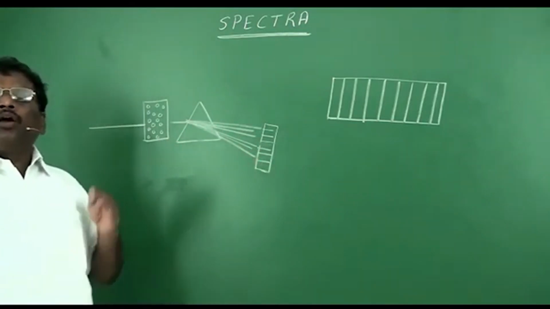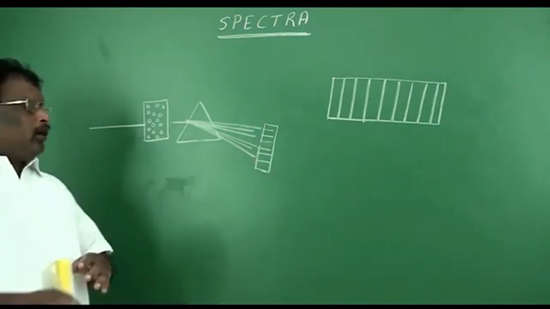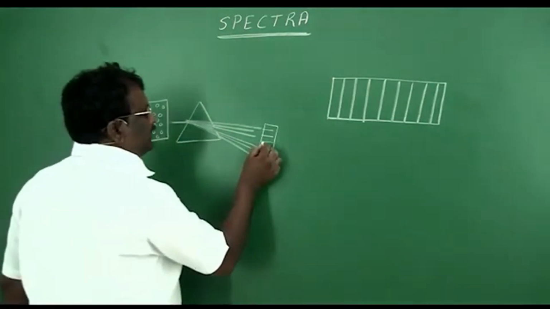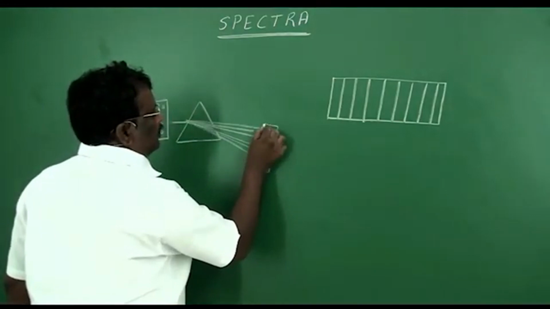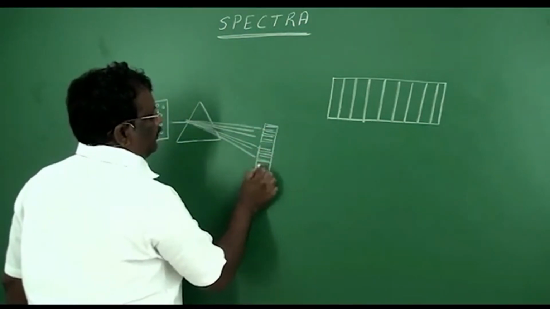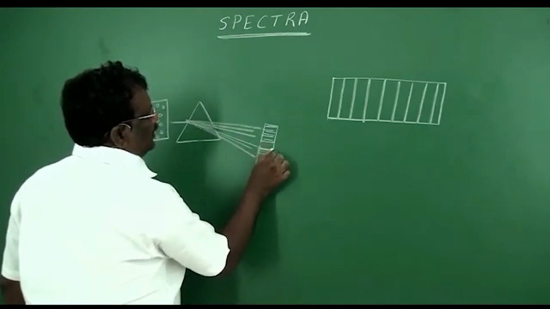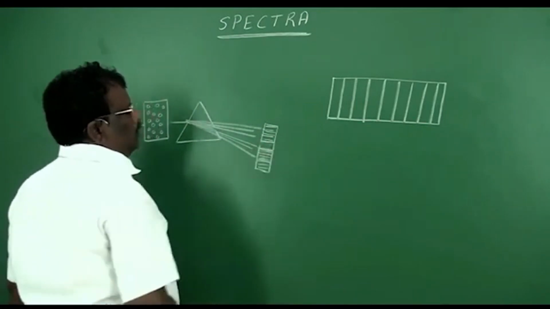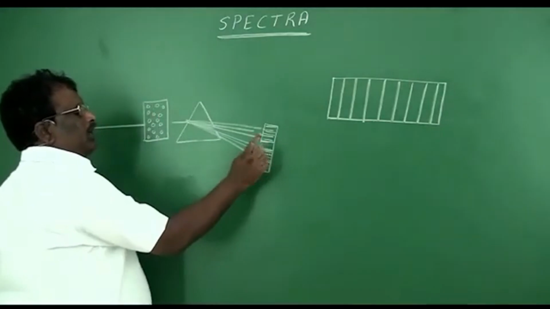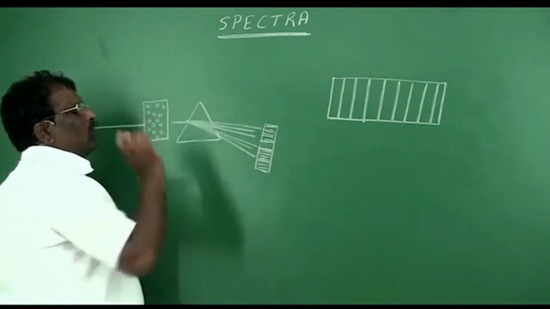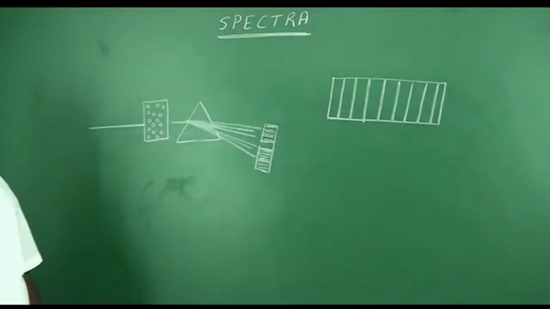Sorry, a dark line will appear here, and these are the different lines of different wavelengths. Here one dark patch will be observed. This dark patch gives us the information regarding which wavelength of light was absorbed by these atoms.